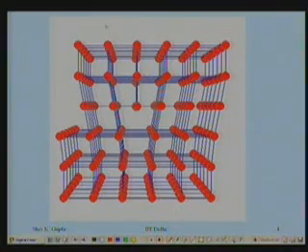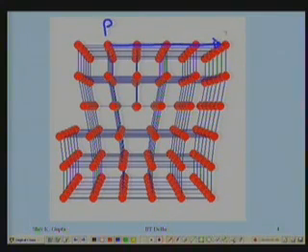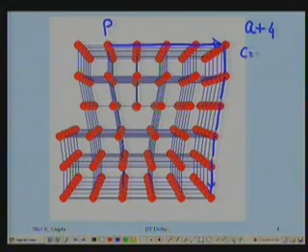Alright, let's start at this point P. On A, how much have I traveled? 1, 2, 3, 4. So I traveled 5. This is C, let us say. I have traveled minus 5. So I have traveled up to here.